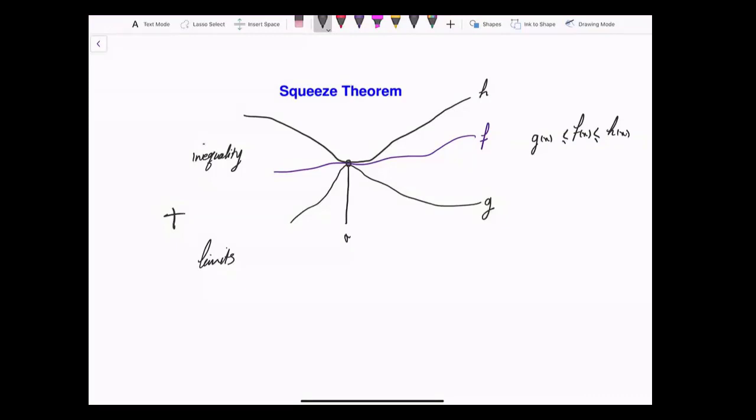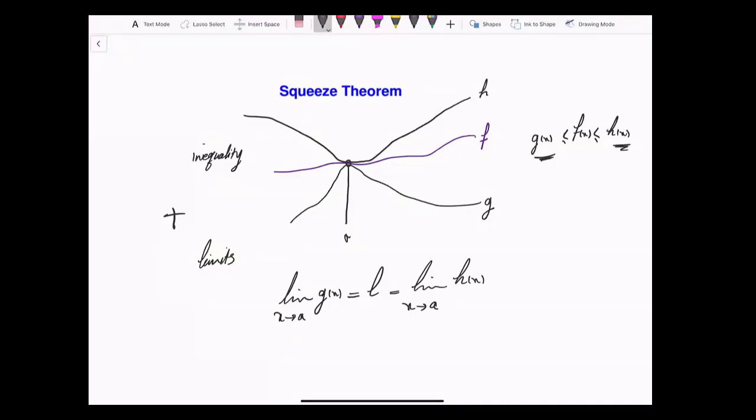The second thing is that we know the limit of the function bounded from below, as x approaches a, is equal to a number, and the limit of the function which is above, as x approaches a, is also the same number.